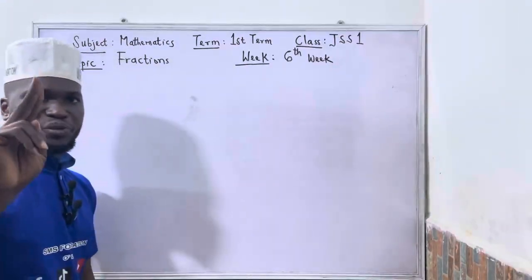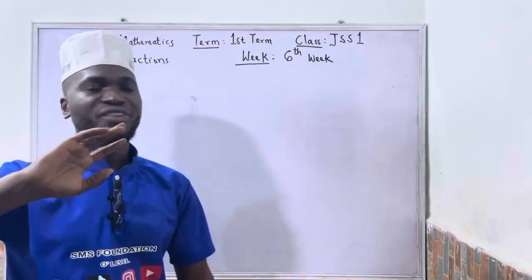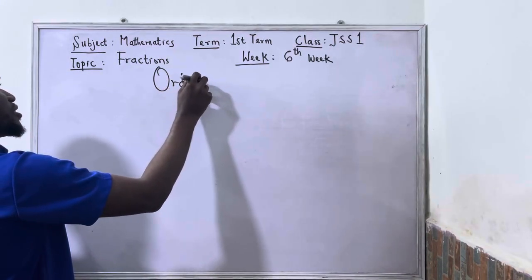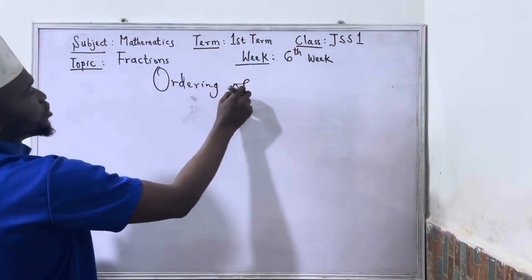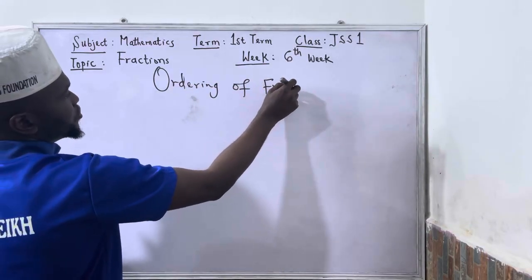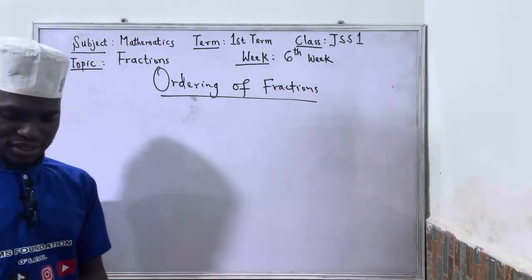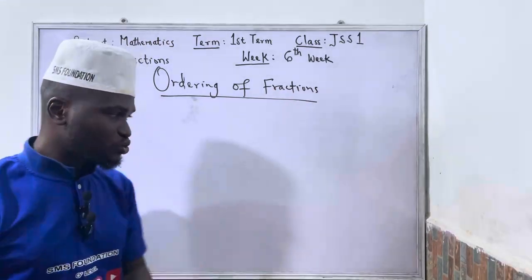So let's compare between two fractions. That is a very simple thing. We are dealing with ordering of fraction. Don't forget, I mistakenly cleaned the topic. So now we need to first learn how to compare between two fractions.